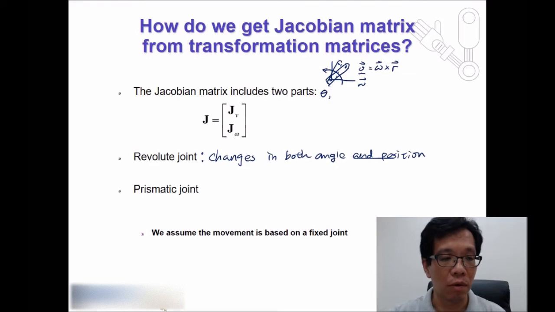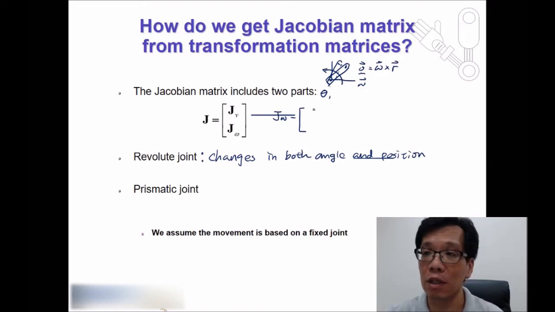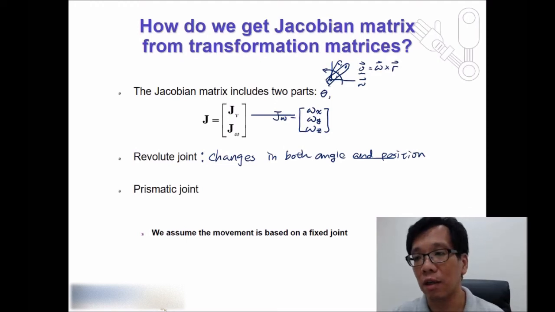movements. So let's talk about J omega first. For J omega, it's pretty straightforward because we're talking about the angular velocity in terms of x, y, and z. So this one over here is actually omega x, omega y, omega z. You might use psi dot, theta dot, and phi dot in this case, but we can just use omega x, omega y, and omega z.